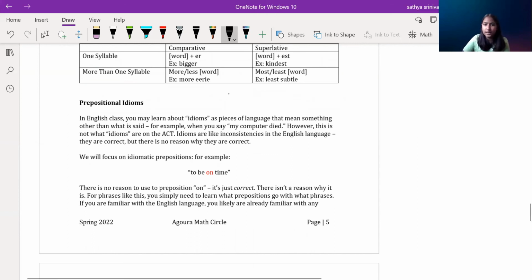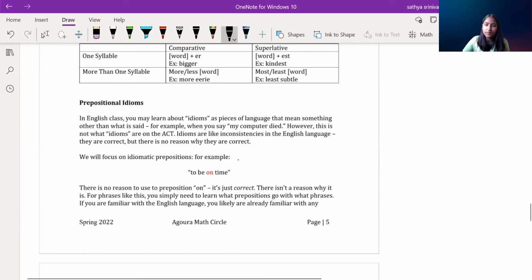For example, if we say when pigs fly and said it in Japanese or something, they wouldn't understand what it means because it's specific to the English language, right? Same thing for when my computer died. That would make sense here, but if we translate to something else, it would not make sense, right? So they're inconsistencies in the English language. They're correct, but there's no reason why they're correct.